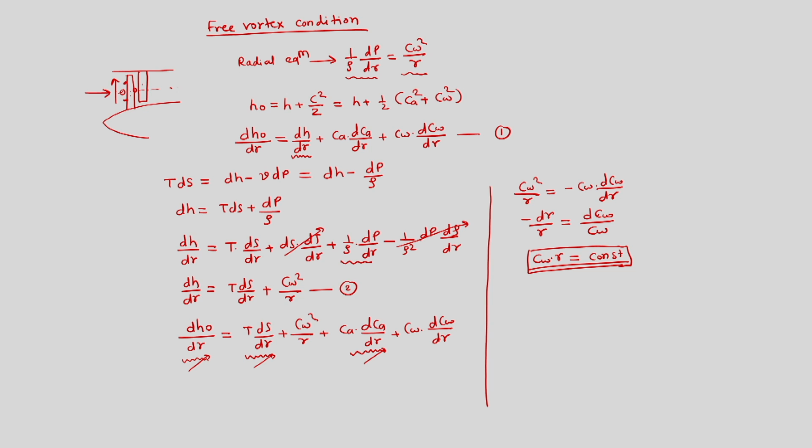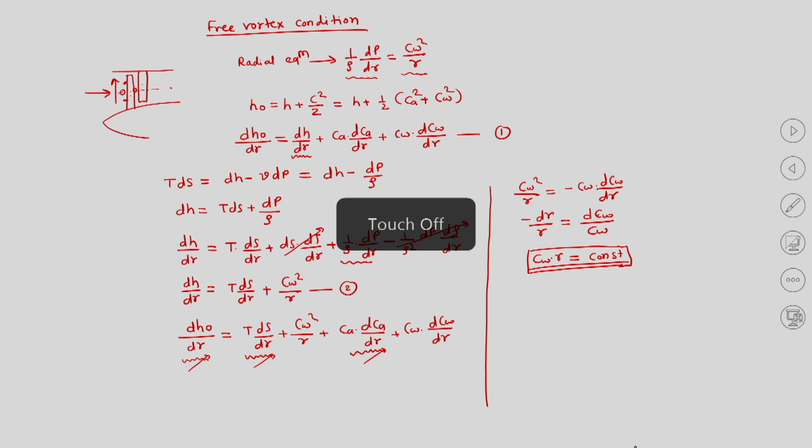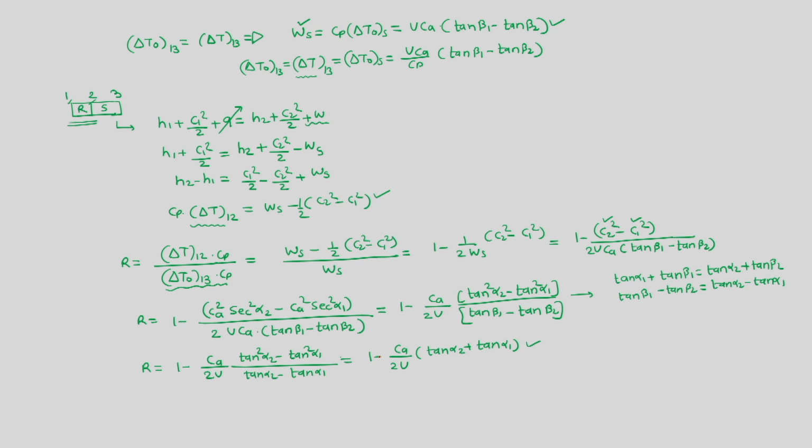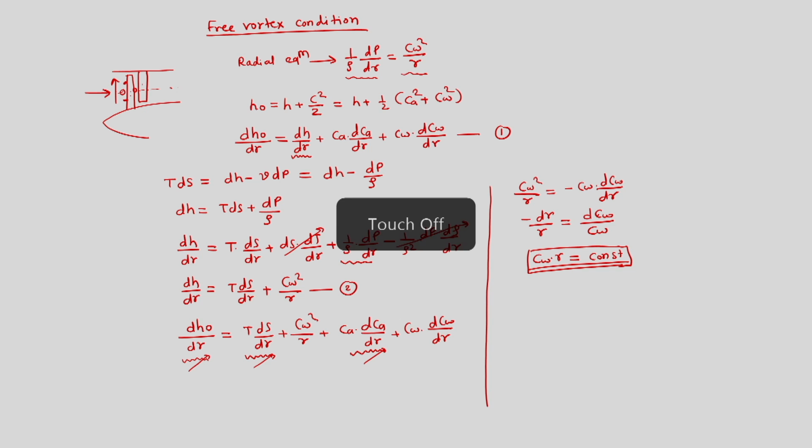This formula can be thought of as having a relation with the formula we derived for the degree of reaction. The degree of reaction formula that we recently derived has R is equal to 1 minus Ca upon 2u into tan alpha 2 plus tan alpha 1.